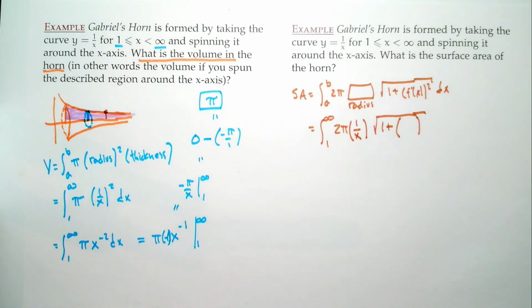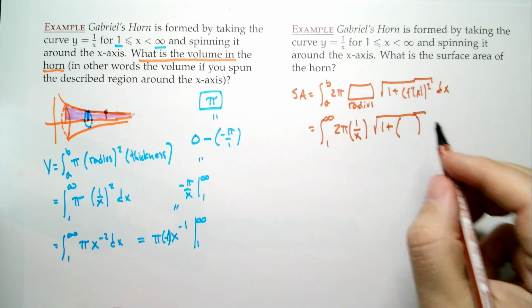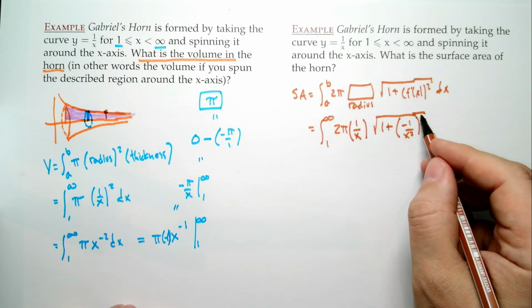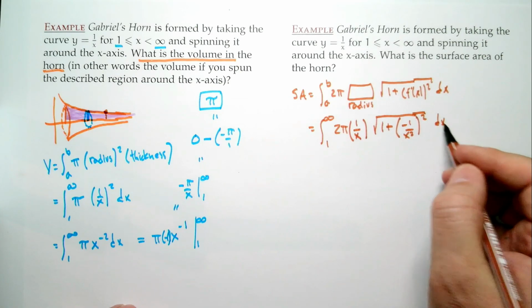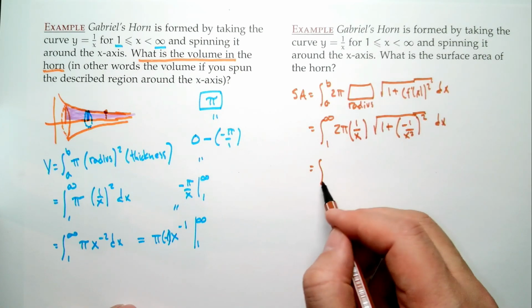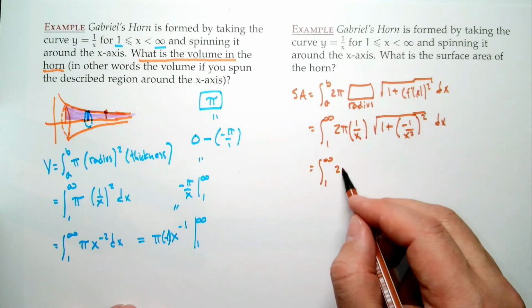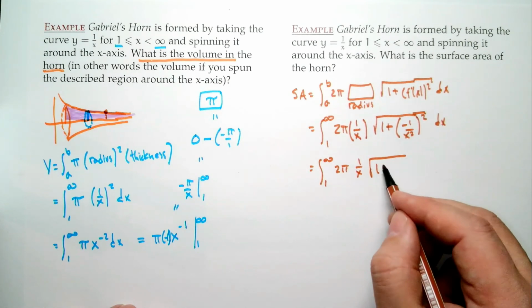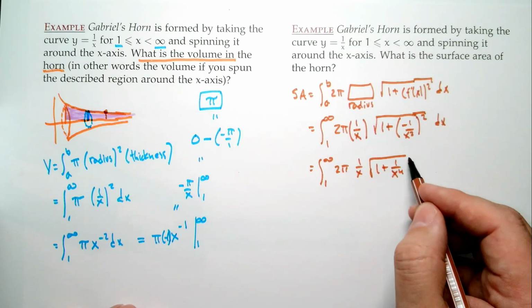The derivative, be careful, minus 1 over x squared. Okay, so now we have to find the integral from 1 to infinity of 2 pi times 1 over x times the square root of 1 plus 1 over x to the 4th.